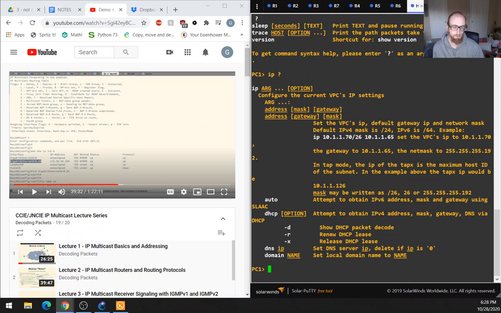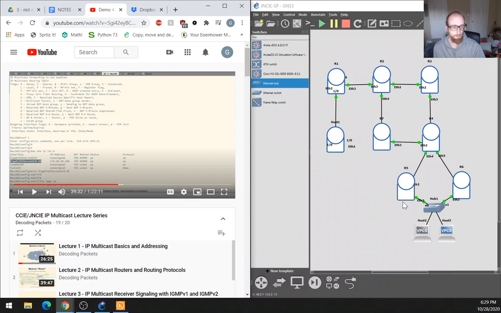Yeah, I don't see any option for IGMP, or any of these join commands. So yeah, I'm going to need to use a Cisco router. Okay.